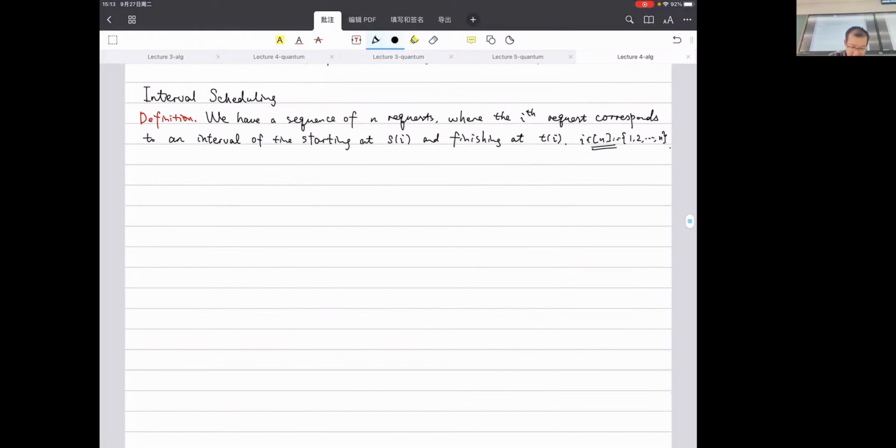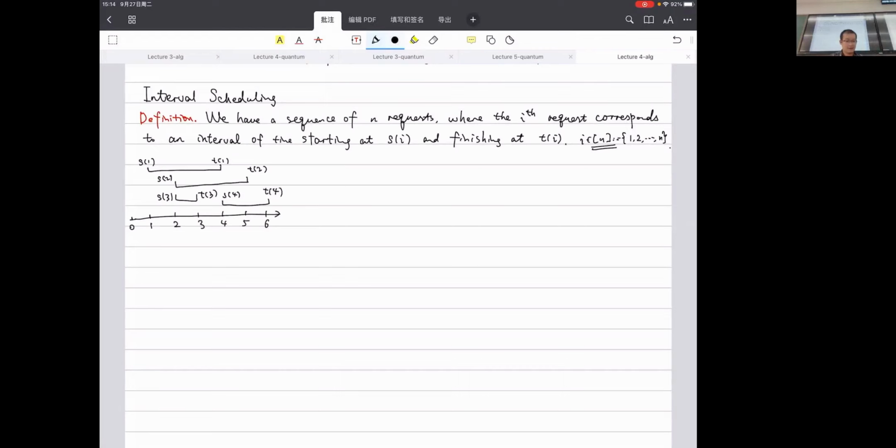So let's take an example. It can be something like this. This is the starting time of the first event, s_1, and this is the ending time, the termination time of the first event, t_1. So there is a time interval, maybe originally starting at time 0, then time 1, time 2, time 3, time 4, time 5, and 6. And maybe this is your t_2, and then t_3, s_3, s_2, s_4 and t_4.